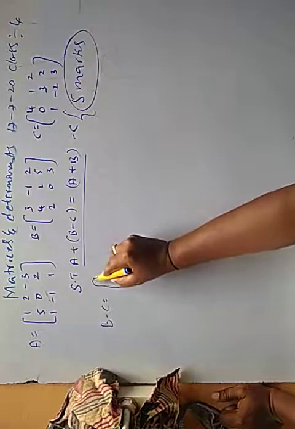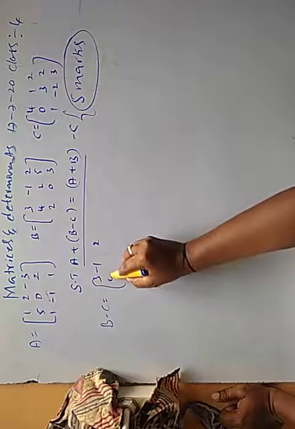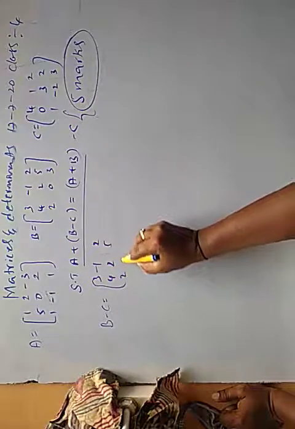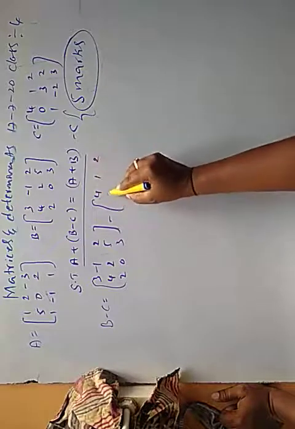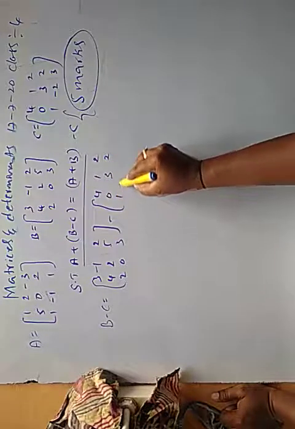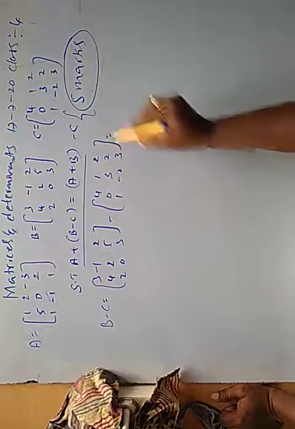B is 3, minus 1, 2, 4, 2, 5, 2, 0, 3, minus C, 4, 1, 2, 0, 3, 2, 1, minus 2, 3. Can we subtract?